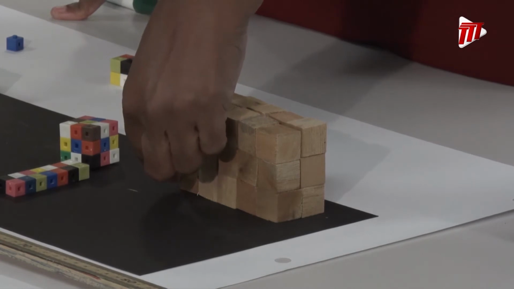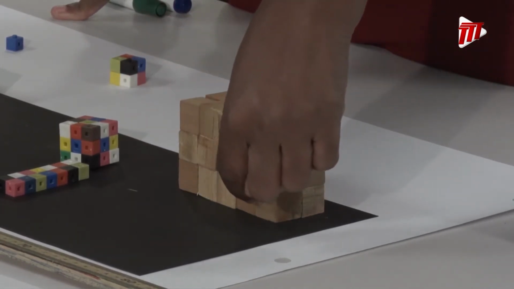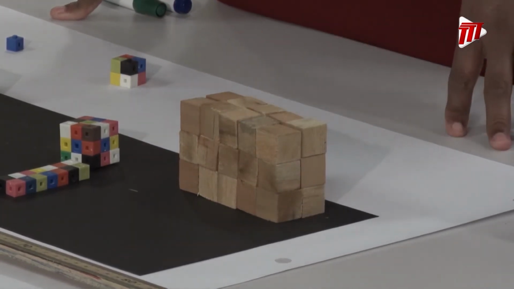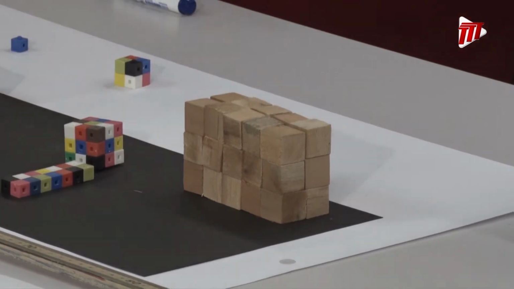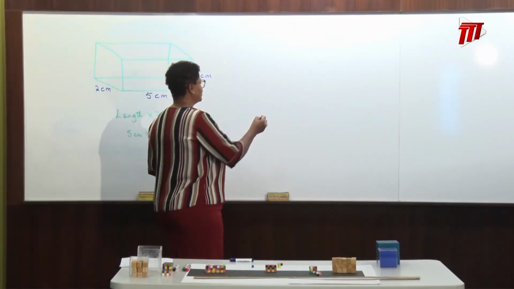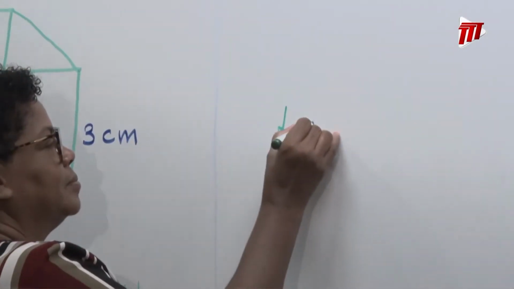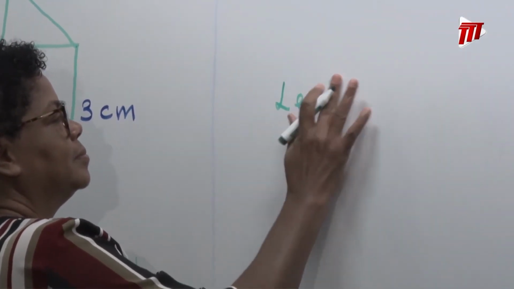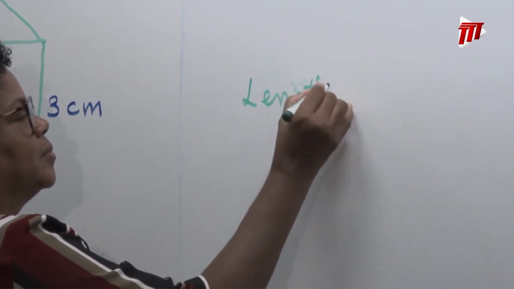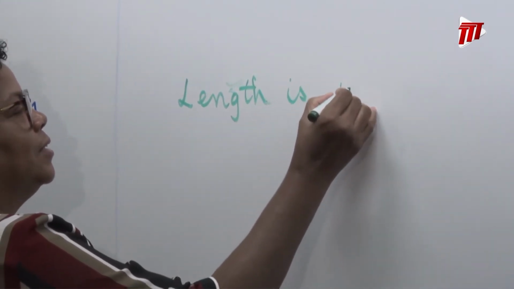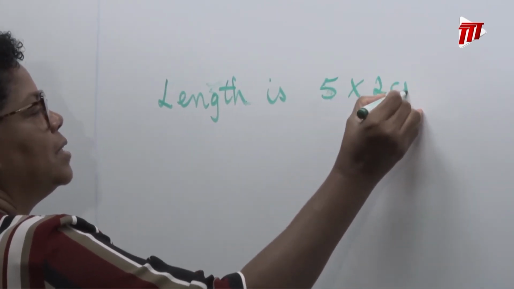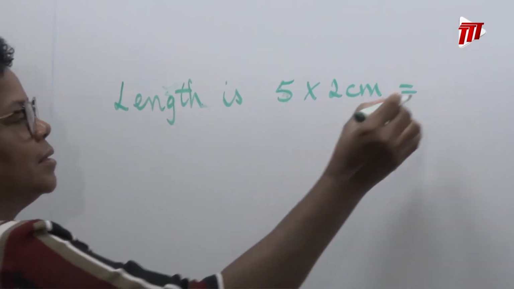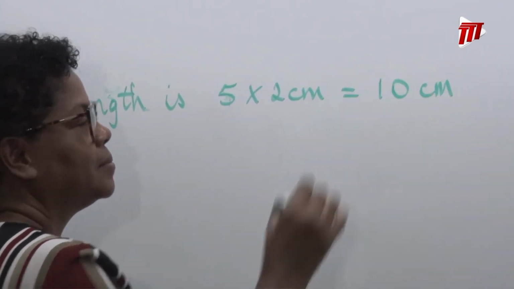We have 1, 2, 3, 4, 5 cubes in the length of this cuboid, but each cube measures 2 centimeters. So the length is 5 multiplied by 2 centimeters, 10 centimeters.